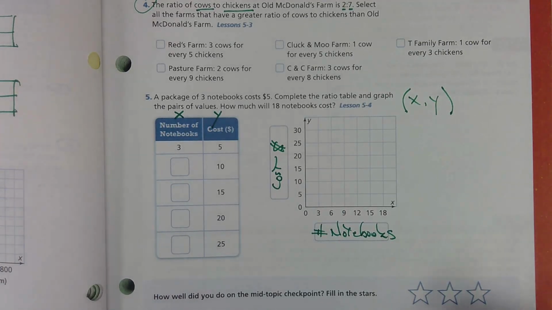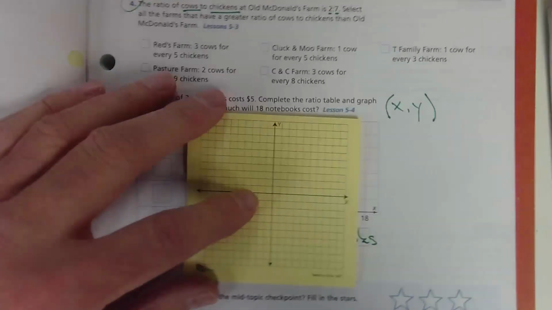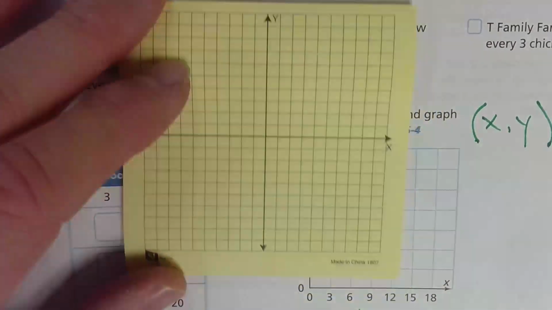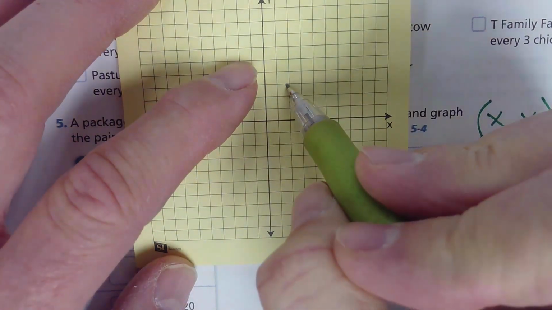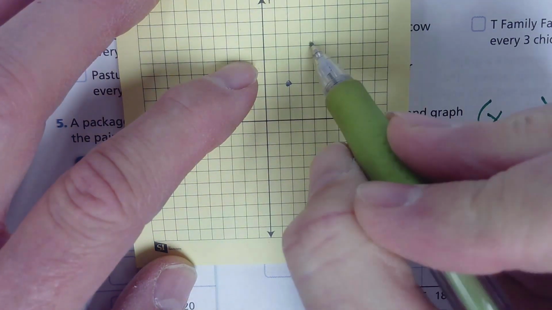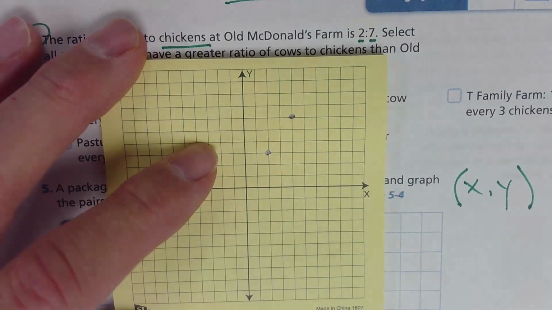And I think I'd like you guys to, when you graph this, let's say this is your graph, and you have a point, let's say, that's right here, and maybe another point that's right here. I taught you yesterday about labeling the points.